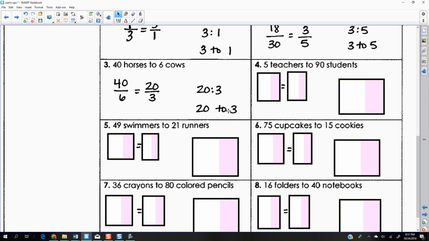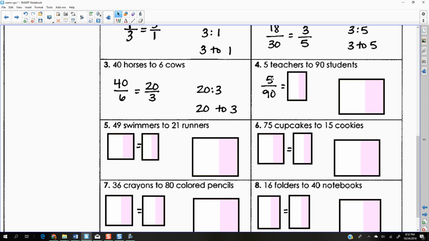All right, go ahead and do number 4, and then come on back. All right, so in this case, if there were 5 teachers and 90 students, here's the ratio, 5 teachers to 90 students, but can we reduce that? Yes, we can, because 5 will definitely divide into 90, because 5 will divide into any number that ends in a 0 or a 5.